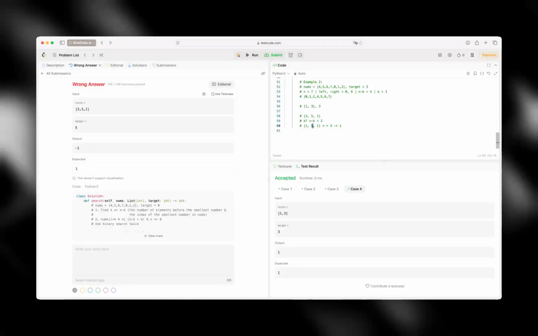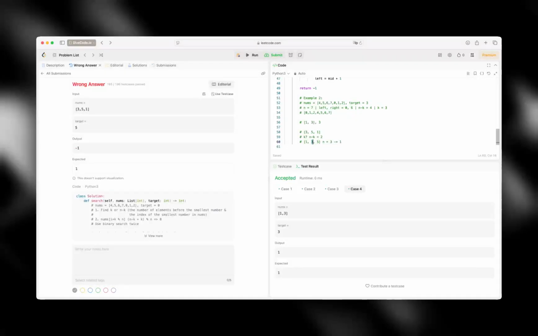Oh, sorry. What did I do here? It should be 3 and 5, sorry. I missed 1, 3, 5. And is 3, so 1, 0, 1. So this is not the case. It is not in there. So what I do is I increment.